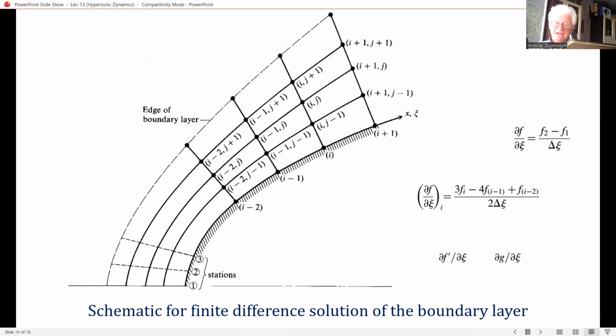Okay? And hence, the ordinary differential equation can then be integrated across the boundary layer at station i in the same manner as described a bit earlier. That is, using an iterative shooting technique to match the boundary conditions at the wall and the outer edge.